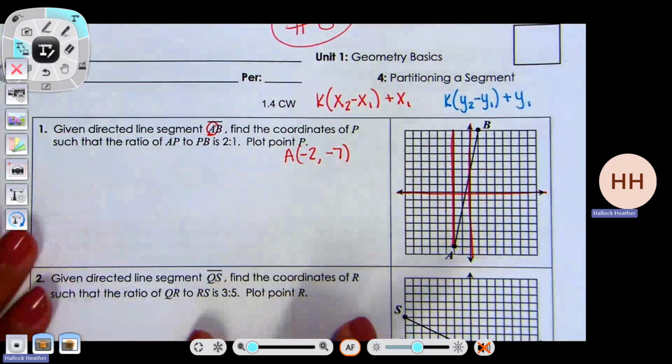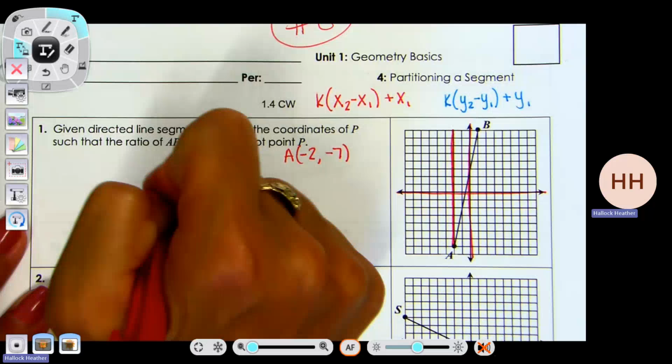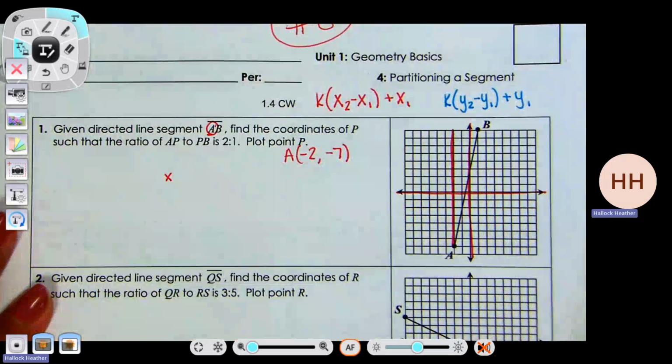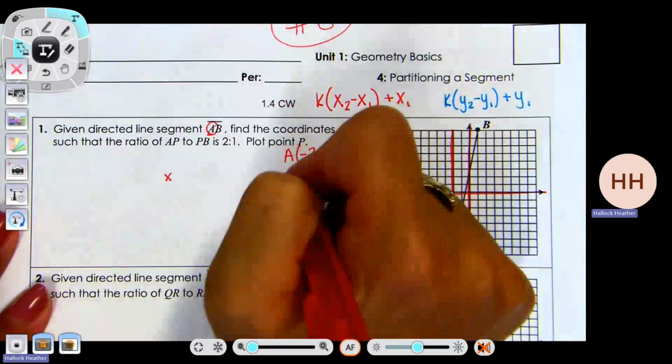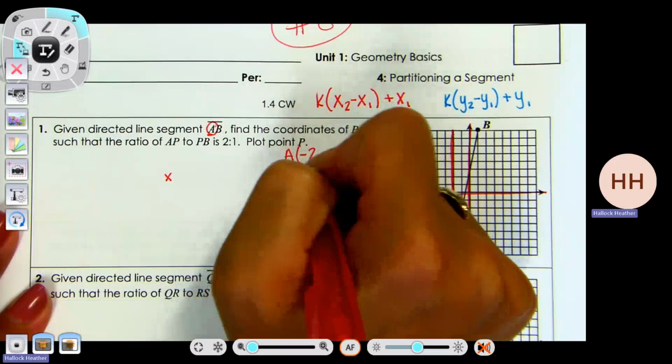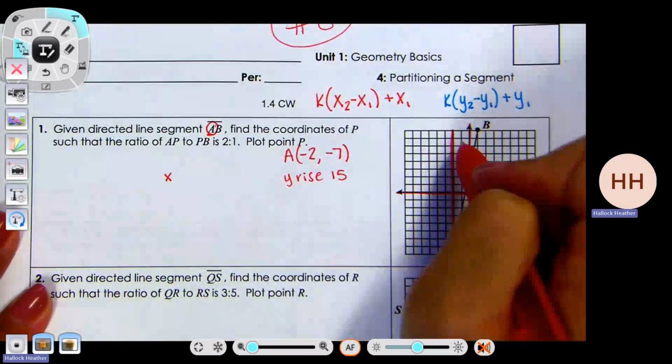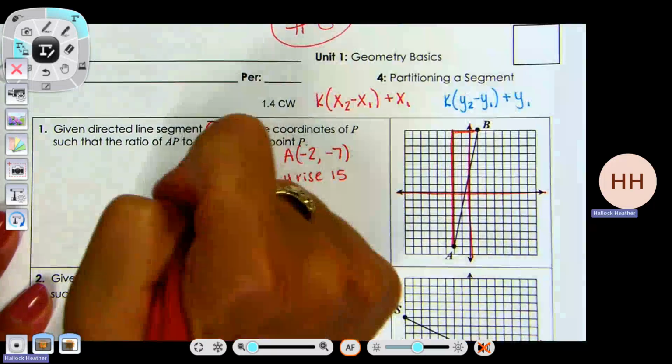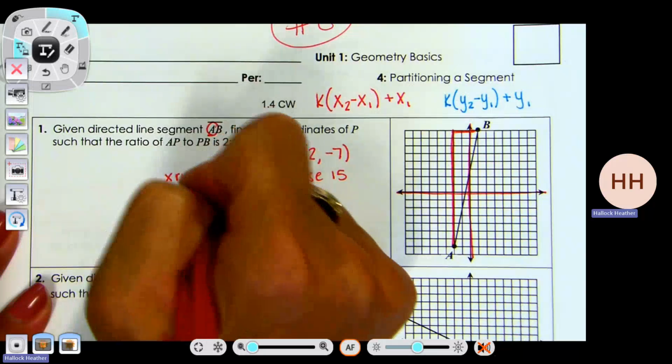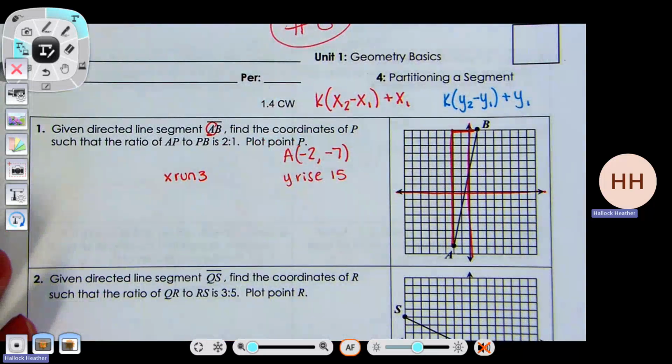It is 15. So your Y is your rise, which is 15. How much do you run across? 3. So your run is 3. I'm sorry I said that backwards, but it's okay. We understand we're running and we're rising, correct?